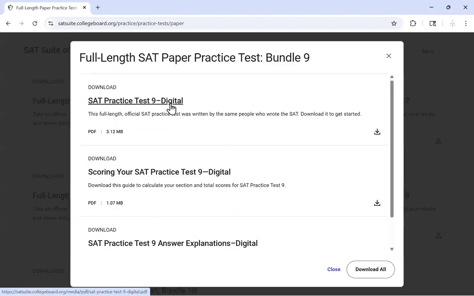The SAT practice test number 9 is found in bundle 9. The actual test is right here. And if you want, you can find the answers and answer explanations to this practice test in this bundle.